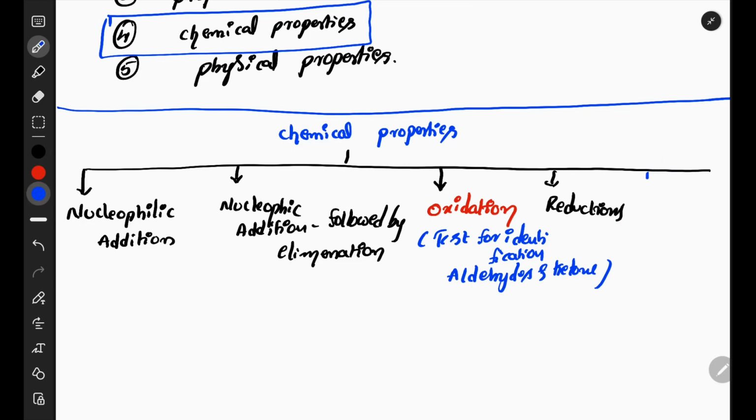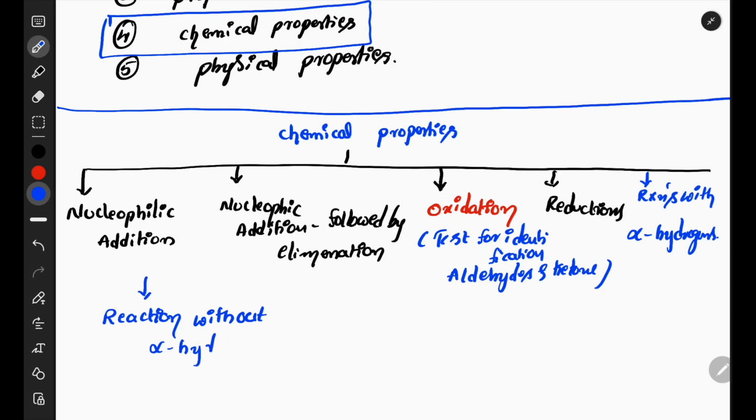The next ones are reactions with alpha hydrogens and reactions without alpha hydrogen.